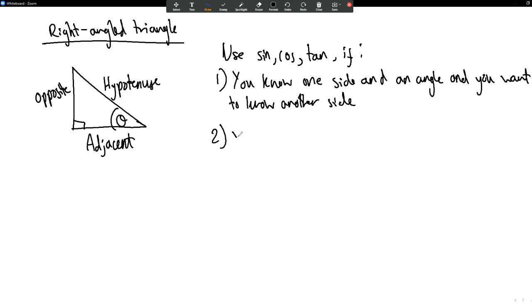Or if you know two sides and you want to know an angle.